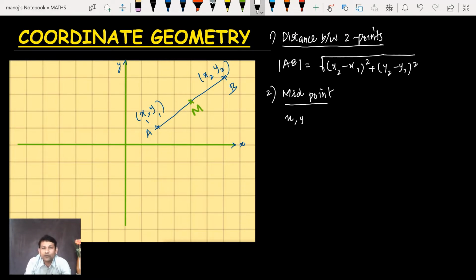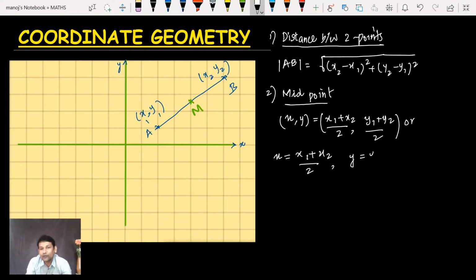If x and y are the midpoint, then it is x1 plus x2 divided by 2, and y1 plus y2 divided by 2. Or you can write it this way: x is equal to x1 plus x2 divided by 2 and y is equal to y1 plus y2 divided by 2. This is the midpoint formula.